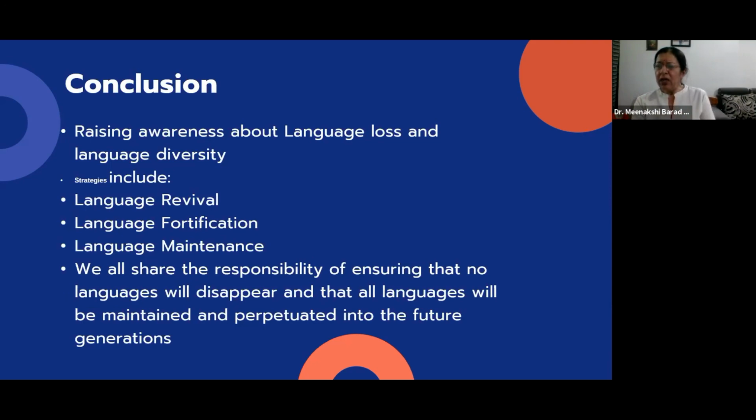And then only gradually, speakers sometimes come to use only the dominant language. On the other hand, the subordinate group may resist linguistic domination and mobilize its members to revitalize or fortify its language.